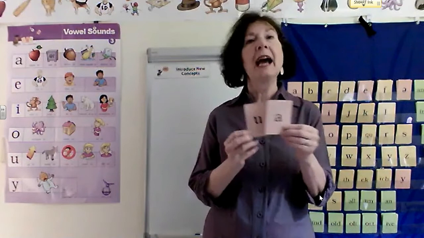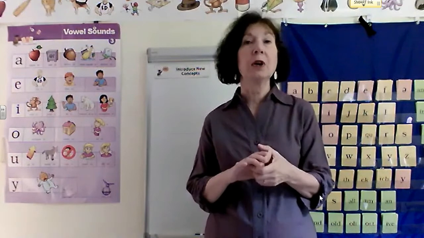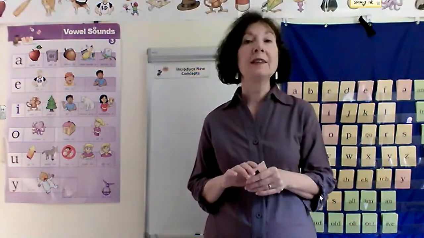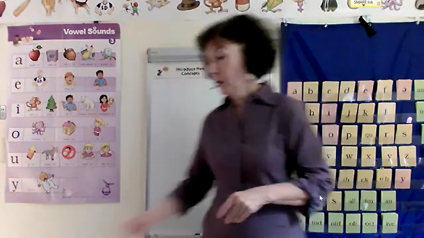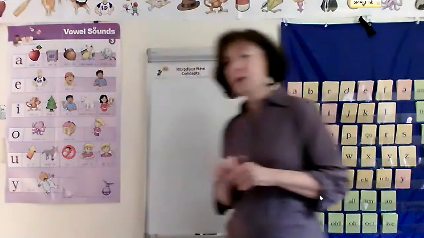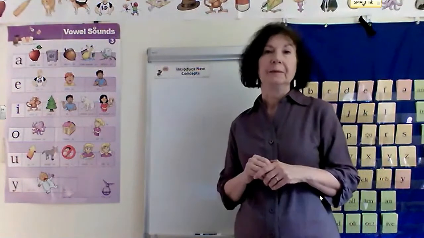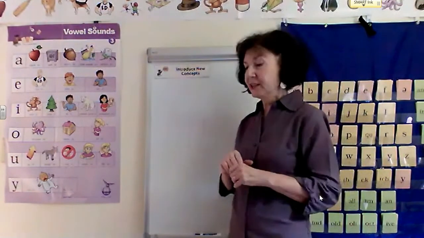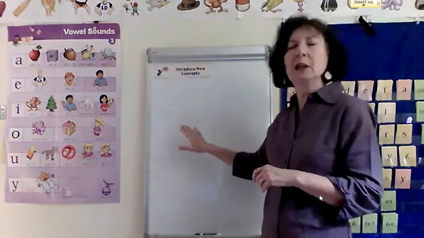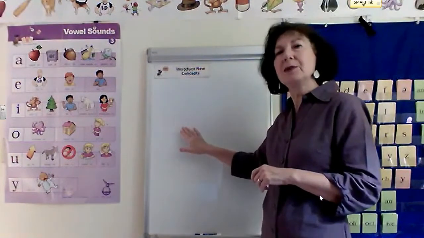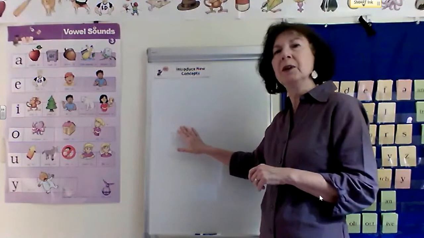So what we're going to do now is we're going to start to spell some words that have our schwa sound. So I want you to repeat after me. Say the word extra. Good. Let's figure out those syllables. So touch your box and say your first syllable.